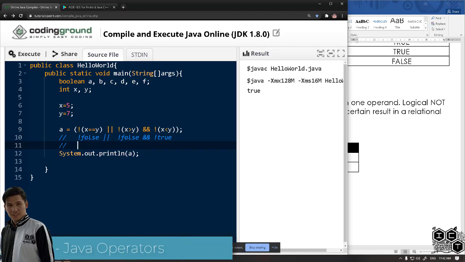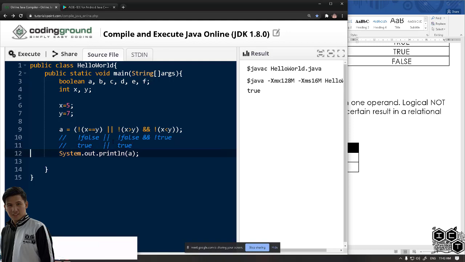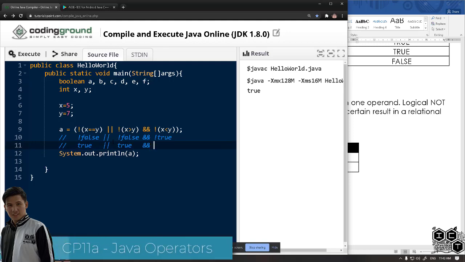What is not false? Diyos ko, edi true. What is not false? True. Tapos and. What is not true? False. Diba, parang patawa siya, pero that's how logical operators and arithmetic operators in Java are working.